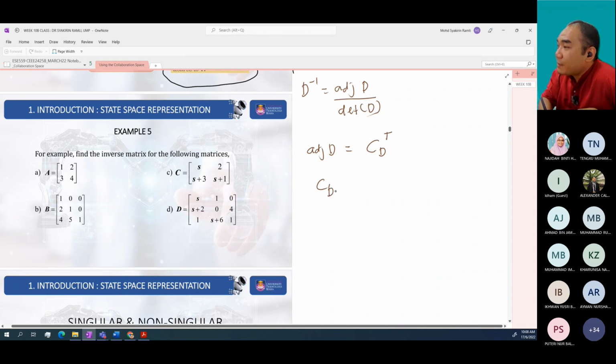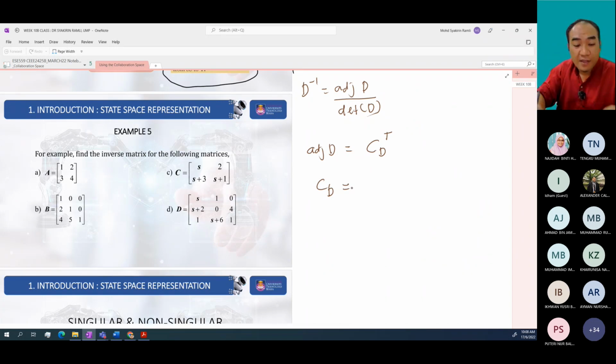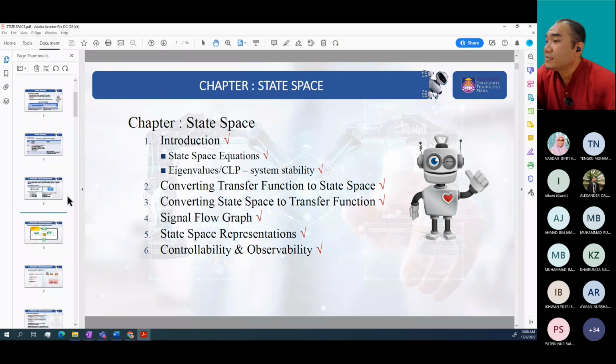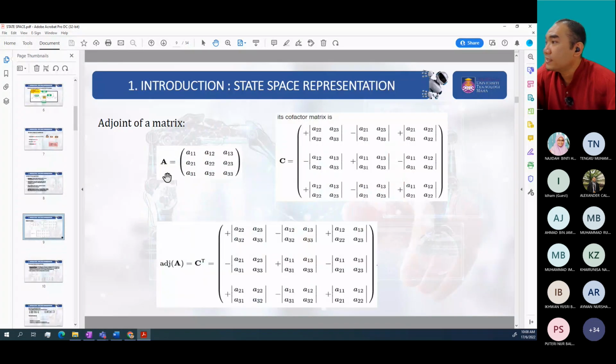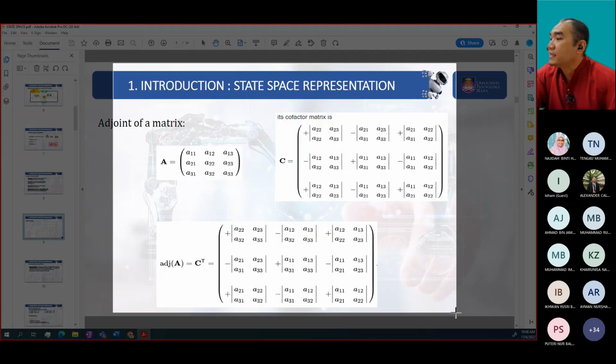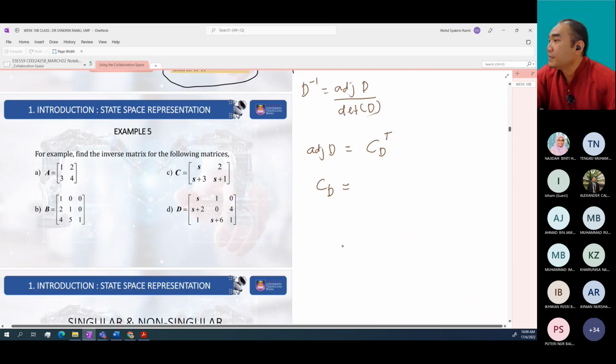Macam mana kita nak dapatkan cofactor matrix untuk matrix D? Okay. Tengok balik dia punya formula tu. Cofactor matrix adalah, okay, tak ingat kan? Bila tak ingat, kita ambil. Ya, dia ada cara. Okay, cofactor, lepas tu paste kat sebelah ni.